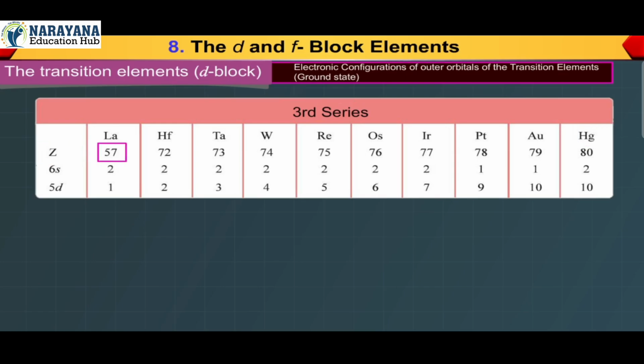Z 57, 72, 73, 74, 75, 76, 77, 78, 79, 80. 6s: 2, 2, 2, 2, 2, 2, 2, 1, 1, 2. 5d: 1, 2, 3, 4, 5, 6, 7, 9, 10, 10.